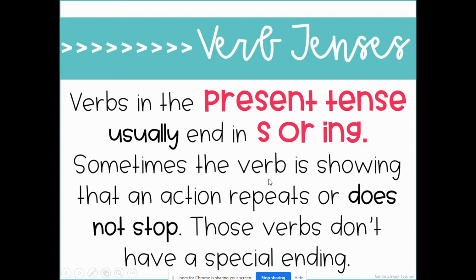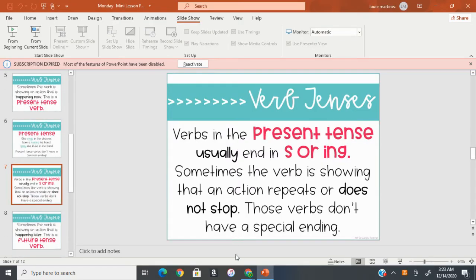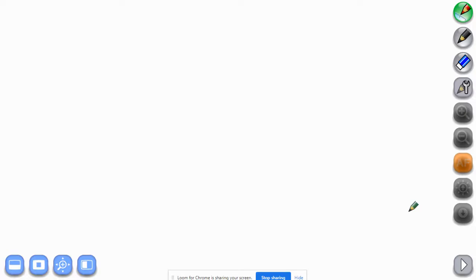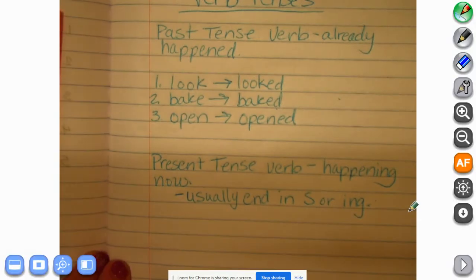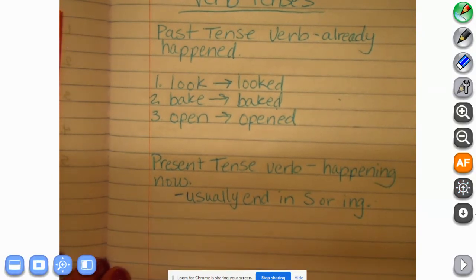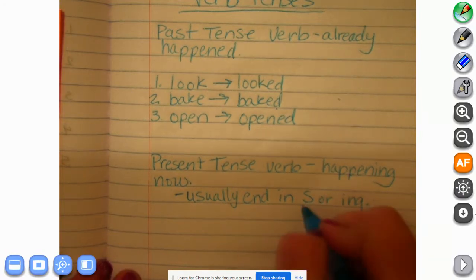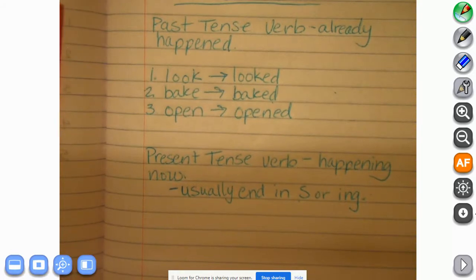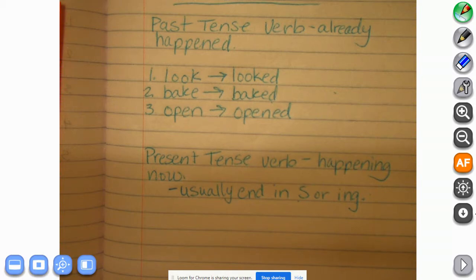All right, let's go back to our camera and get that written down that I just wrote in our book. Present tense verb means it's happening now, and it usually ends in an S or an ing. Okay, go ahead and press pause so you can get that written down.